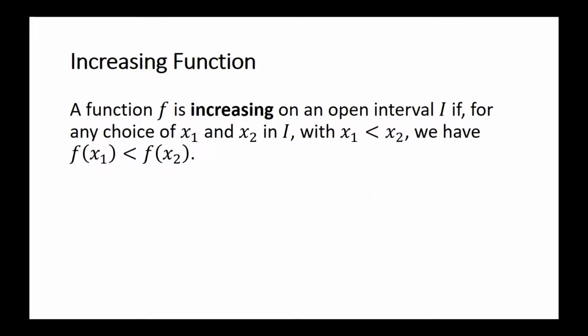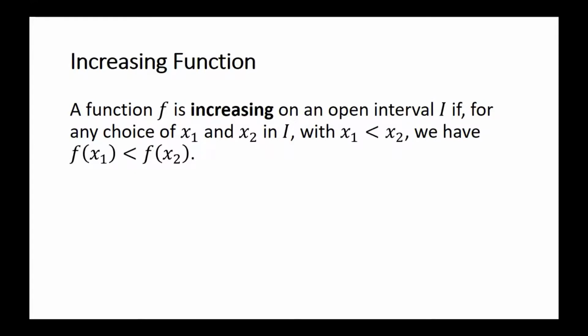Increasing functions. A function f is increasing on an open interval I if for any choice of x sub 1 and x sub 2 in I, with x sub 1 less than x sub 2, we have f of x sub 1 less than f of x sub 2.